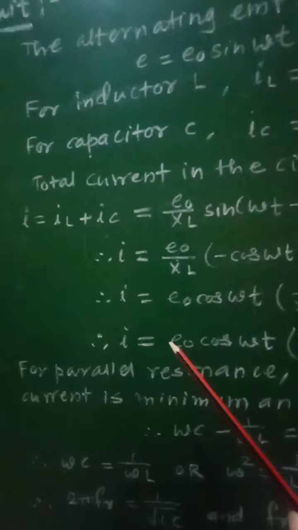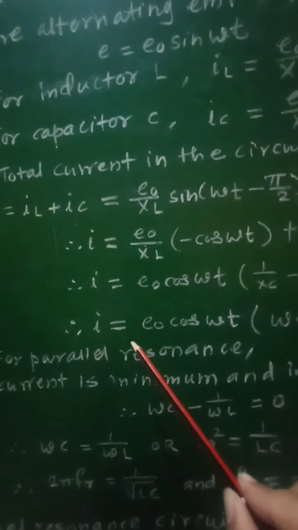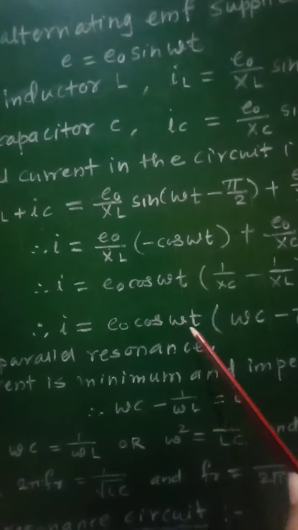That will be written as I is equal to E0 cos omega t into.